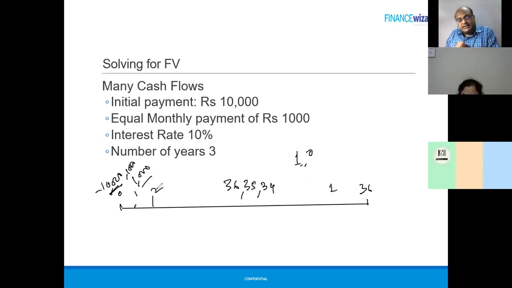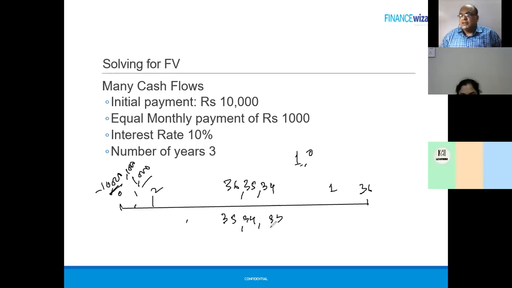Now the second case is, if you invest 1,000 rupees after 1 month, not immediately, the first 1,000 will earn interest for 35 months, the second for 34 months, 33 months and so on, and your last payment of 1,000 rupees will not earn interest. So the difference between type 1 and type 0 will be 1 month's interest, and everything else remains the same.